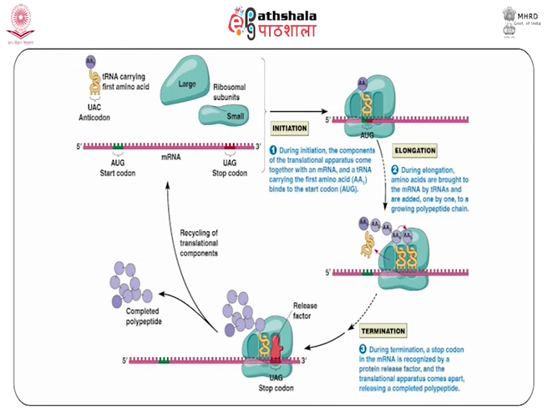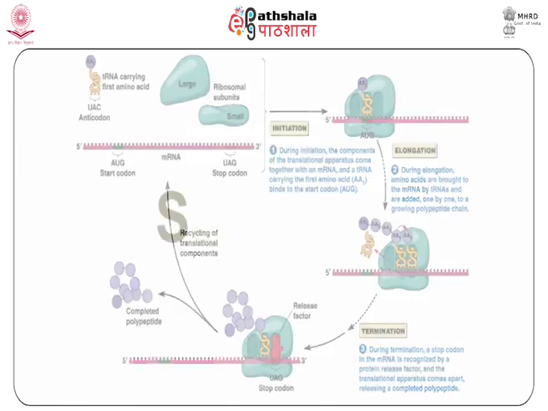The process of elongation stops when the ribosome reaches the stop codon. The components of the ribosome disassemble due to the release factor and the protein which is synthesized is released.